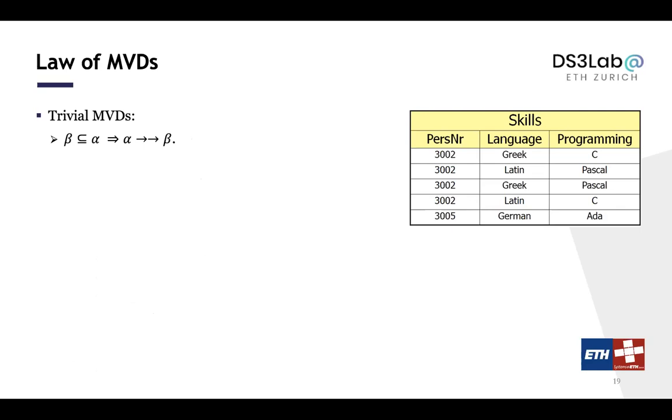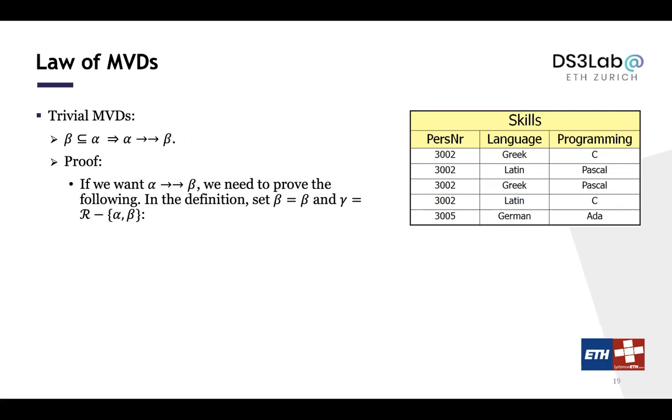We also have other kinds of trivial MVDs. Assuming you have two sets of attributes, beta and alpha, where beta is a subset, there's always an MVD from alpha to beta. To prove this, it's actually pretty simple.